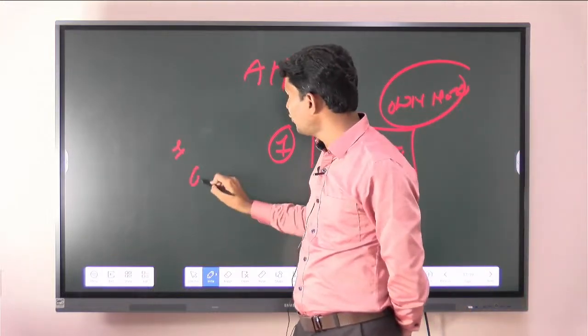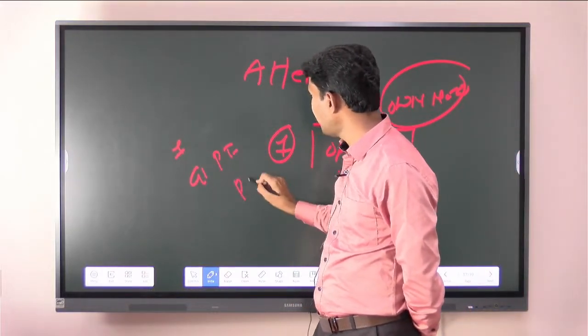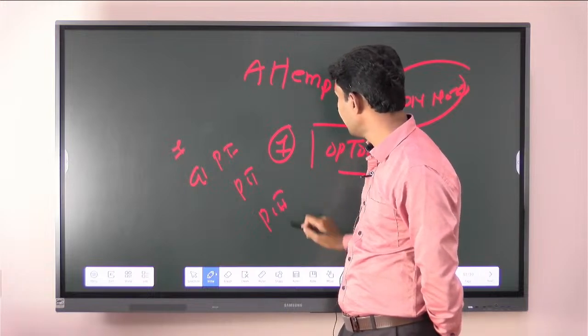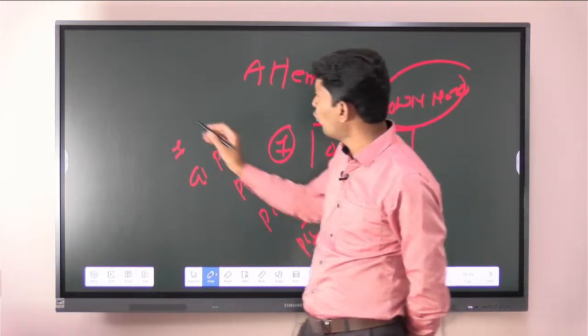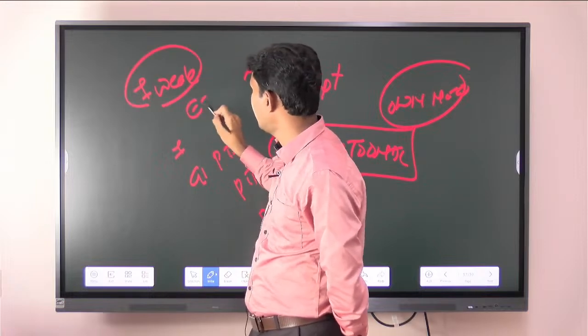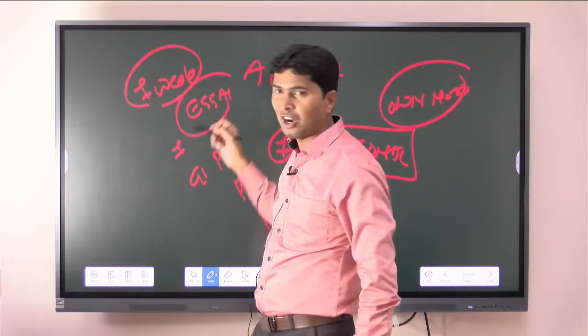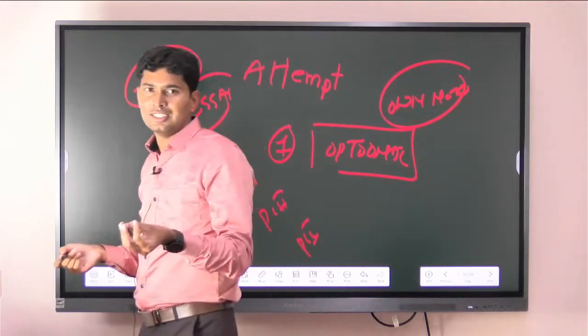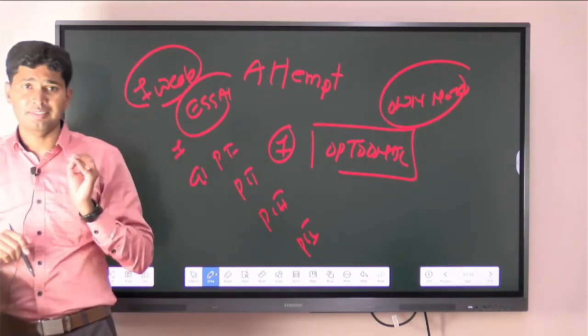Do one round of GS paper 1, paper 2, paper 3, paper 4 for the basic idea. Once in a week, whenever you get free time, keep writing one essay, or if not possible, at least once in a month.